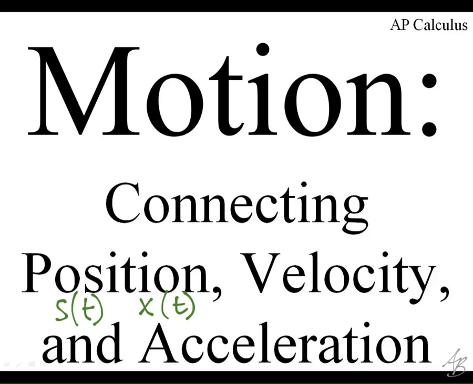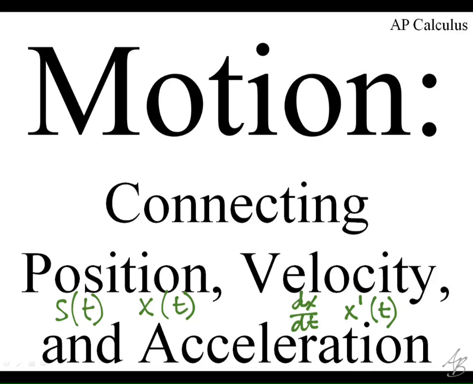So the derivative of position, we would write a couple of different ways. We might write dx dt. So a change in x with respect to a change in time. Or what would the prime notation look like? It would just be x prime, or x prime of t, indicating that it's a function of time still.